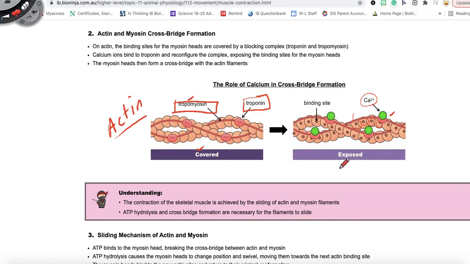So this is what we call an exposed actin, and it's been exposed because of the calcium ion that just was able to bind to the troponin. Okay? So when that happens, the actin forms a cross bridge with myosin, which is not shown here, but I'm going to show you in the next picture.